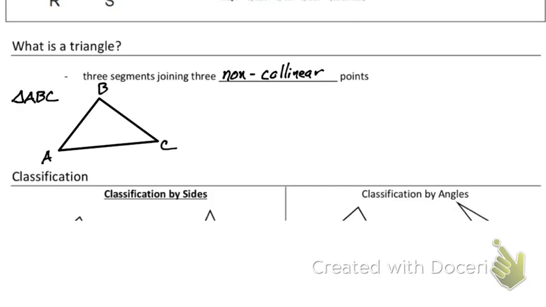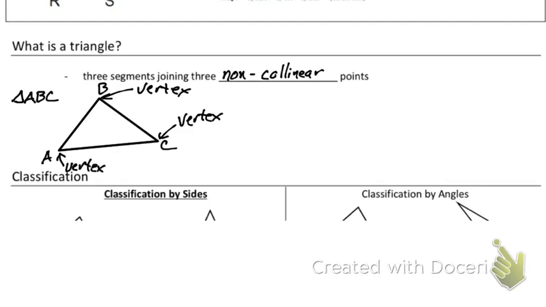Now, a triangle consists of two important things. The first thing is your vertex. So we have three vertices. That's a vertex. That's a vertex. And A is the vertex.